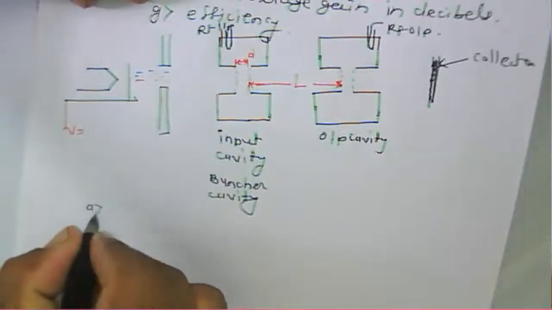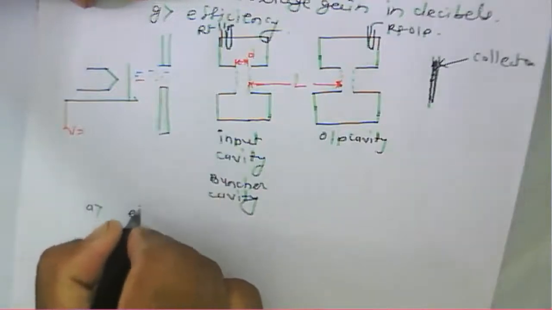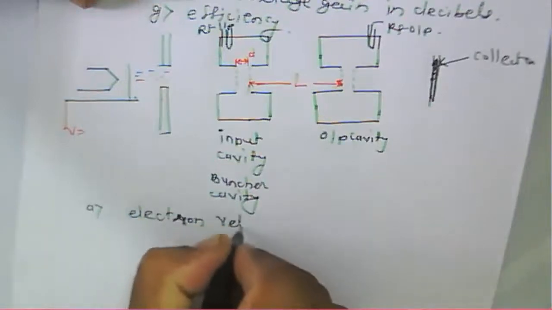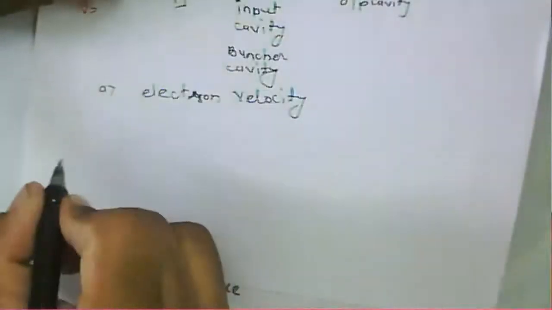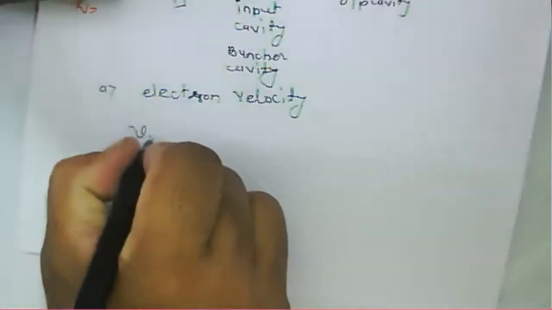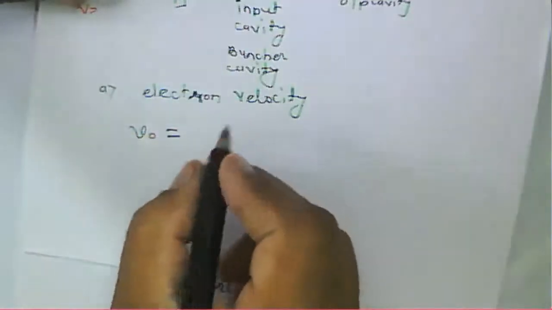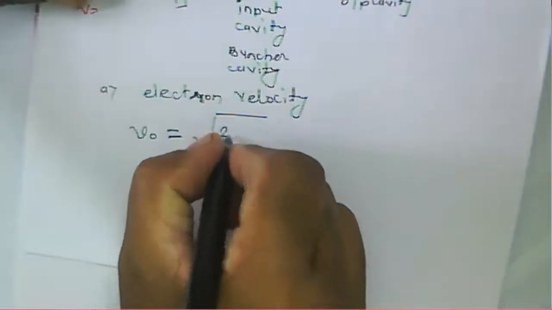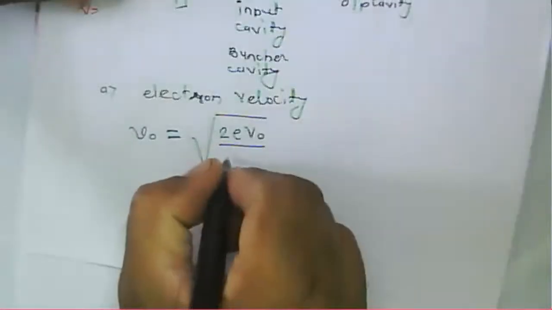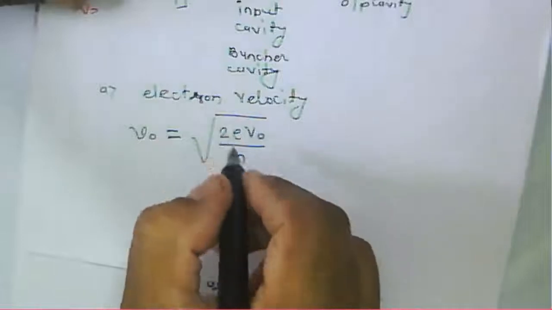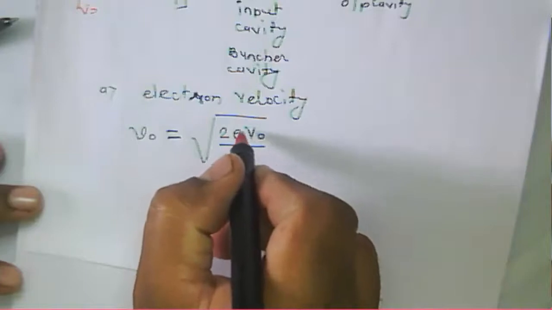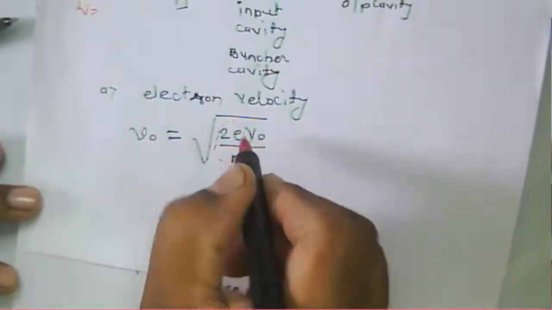To obtain the electron velocity, A, the velocity of an electron is equal to the square root of 2eV0 by m.